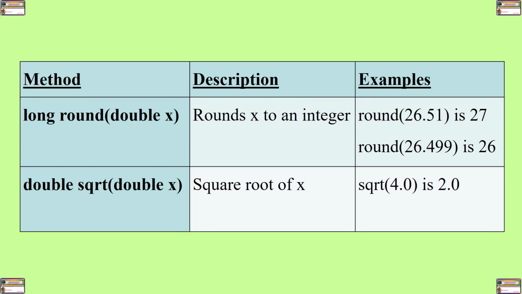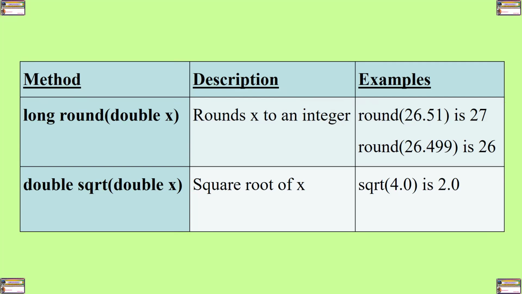If you pass to it a value like 26.499, it is going to generate value 26. Note, if the fractional part is beyond 0.5 or is 0.5, it will be rounded to the nearest number. For example, 26.51 is rounded to 27, but if it is less than 0.5, it is rounded down to, for example, 26.